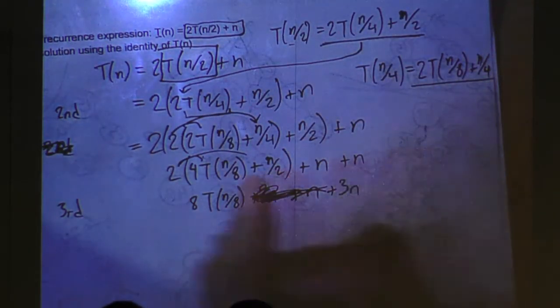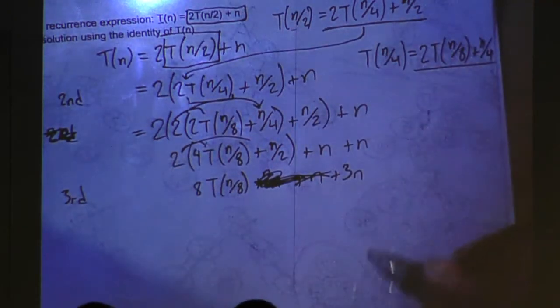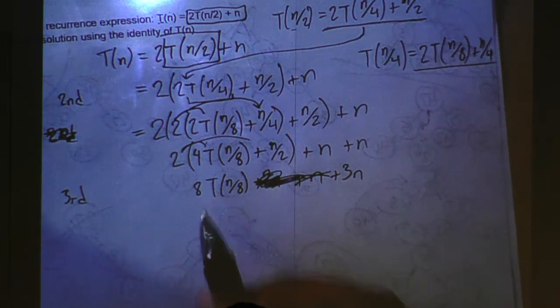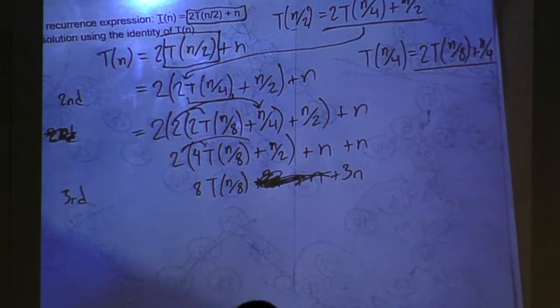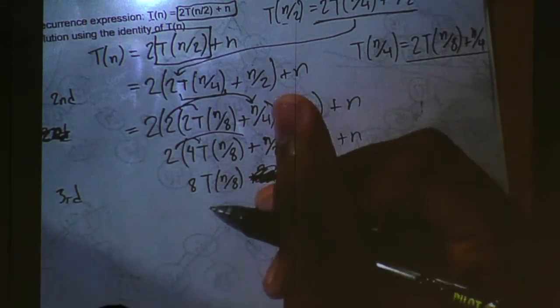So in this case, you could do another iteration. Like you can do as many iterations as you want, but once you realize the pattern, you can just substitute in with k, where k is the iteration that you're on. So in this case here, the first time we had 2, and then we had 4 as our coefficient, and now it's 8. So you're multiplying it by 2 every time.